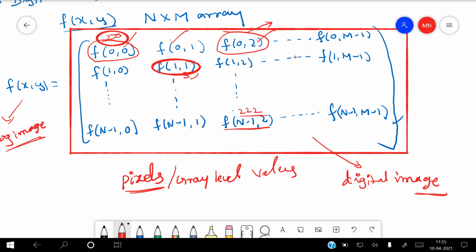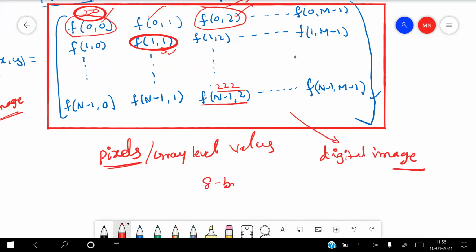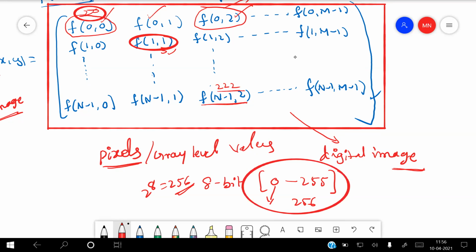But what is the range of the pixel value? Suppose an 8-bit image: 0 to 255 range. The total is 256 for 8 bits, 2 power 8, which is nothing but 256 values. So the 256 values are 0 to 255. 0 is black color and white is the maximum.